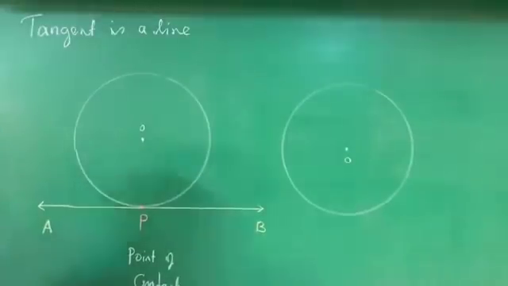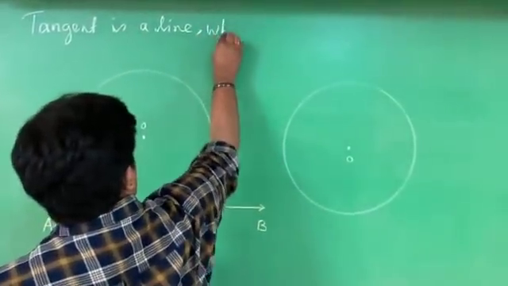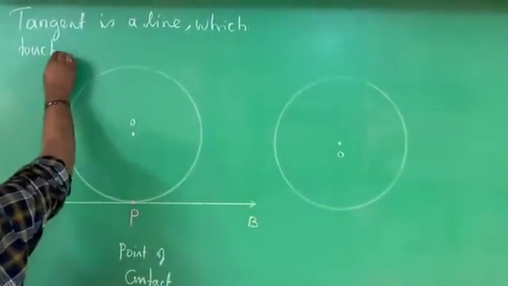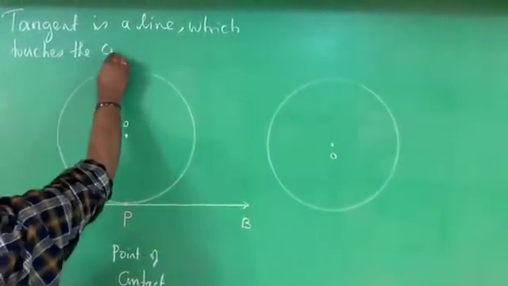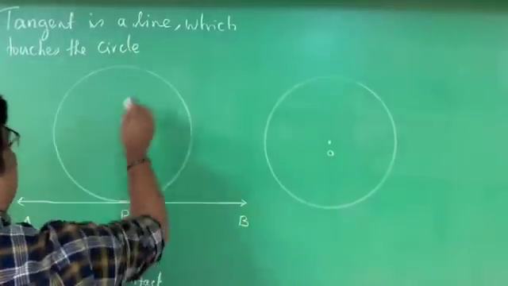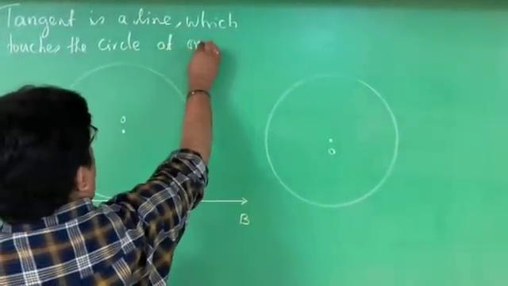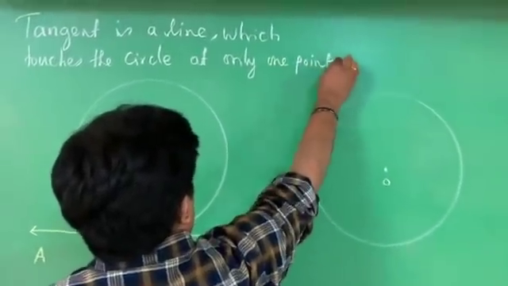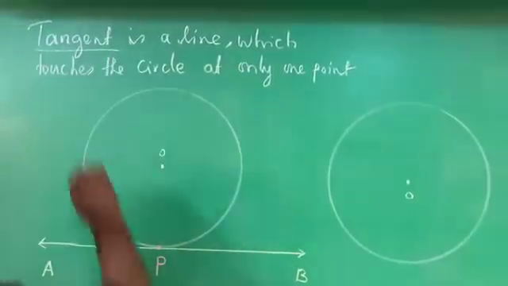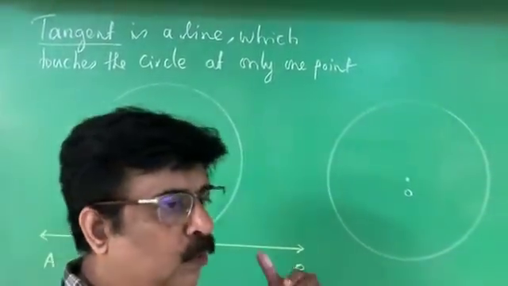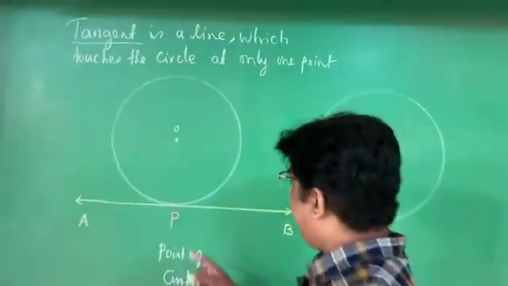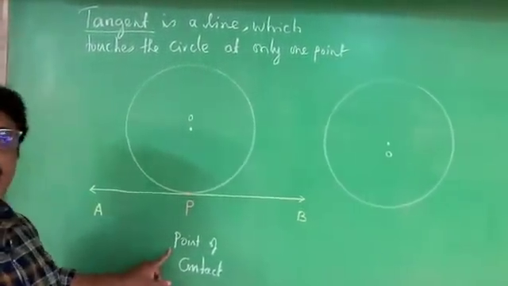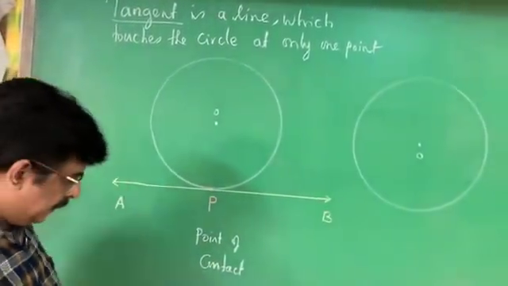Tangent is a line which touches the circle at only one point. Tangent is a line which touches the circle at only one point. What is the name of the point I call? I call that point the point of contact. Right? Now see here.